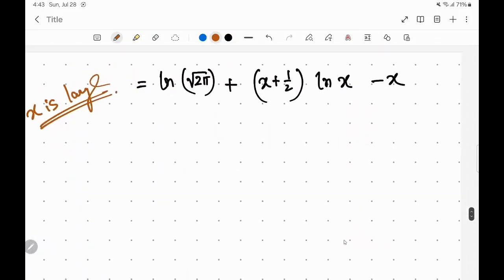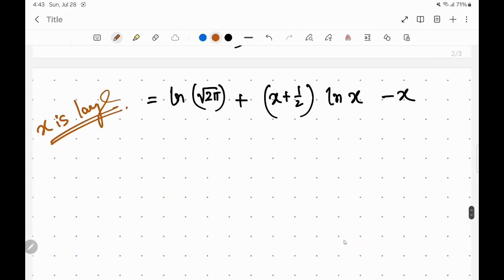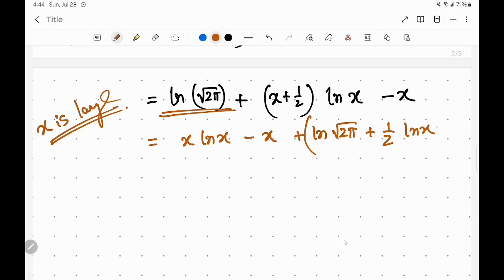If x is large, then obviously you can ignore this term, this value will be very small compared to this. So which term will remain? x ln x minus x, because we have ignored these two terms, ln root 2 pi and plus half ln x.